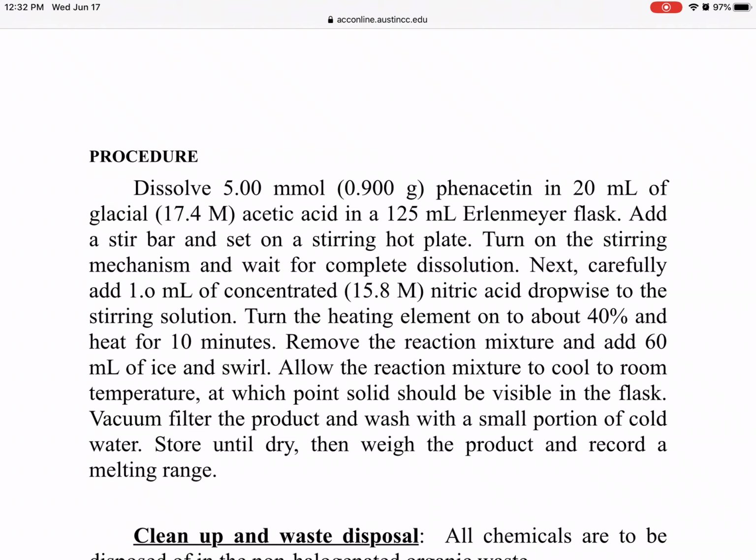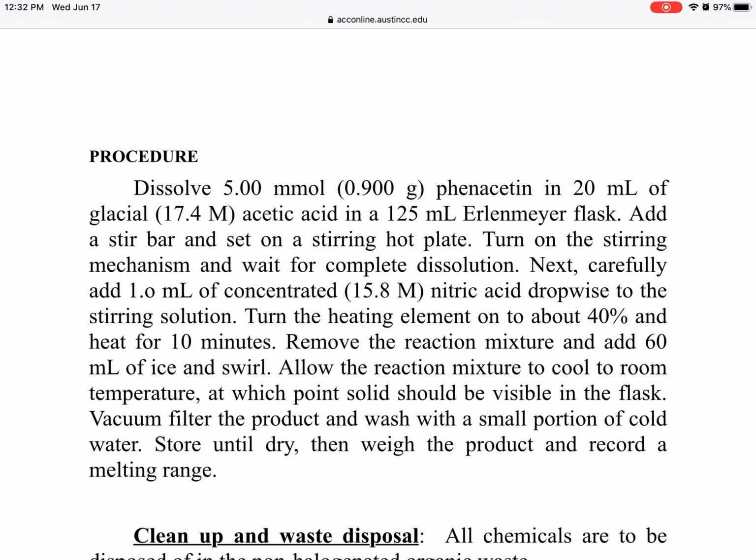Okay, and you add 20 milliliters of acetic acid. The molarity is given, 17.4. That is the highest molarity that comes when you buy it from the store. And then if you want a diluted solution, then in the lab we dilute it using M1V1 equals M2V2.